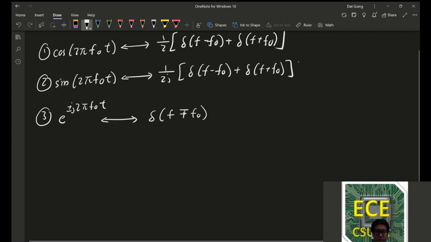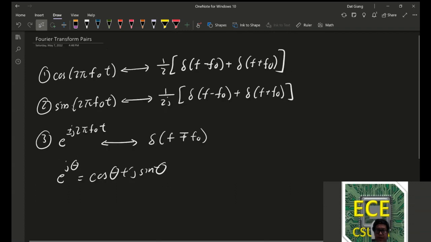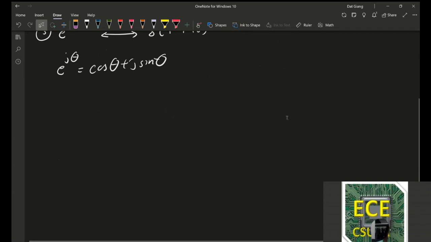Just in case the viewer may not be aware of Euler's formula, it is given below.